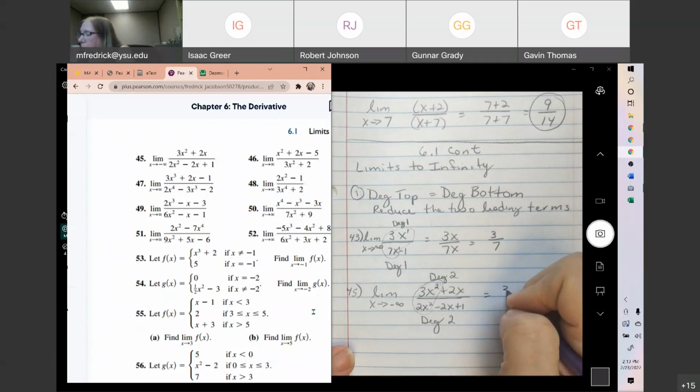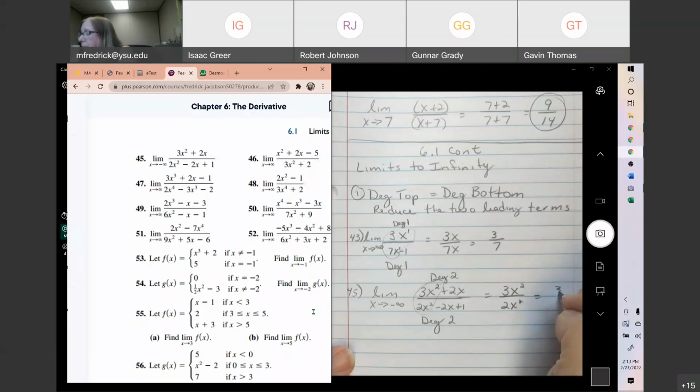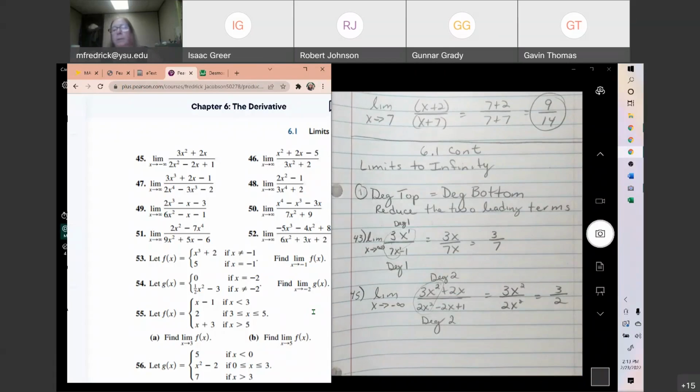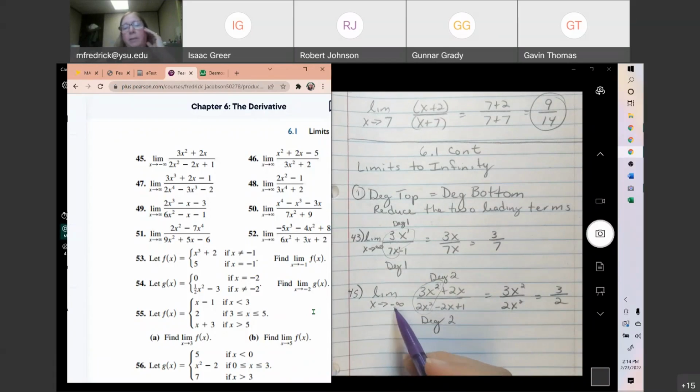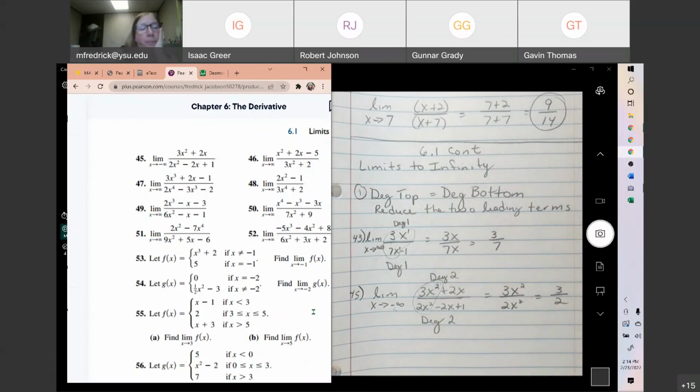And therefore you can just take the 2 largest degree terms and reduce them. So it will approach 3/2. Sometimes you have to reduce the number. Now, negative or positive infinity would be the same.